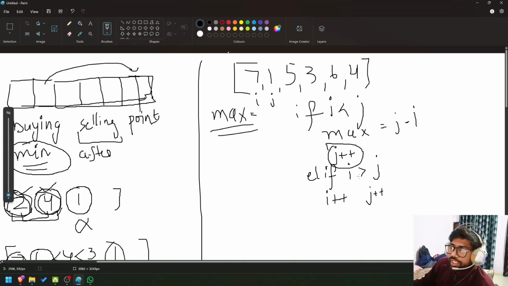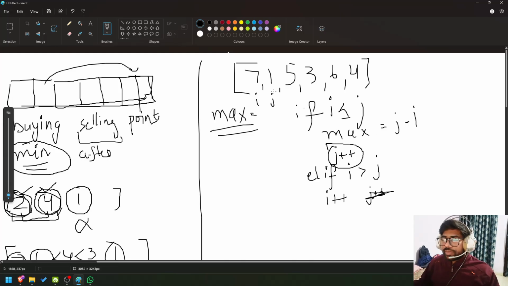Okay, if I is greater than J, then I will move I. Then it will check again that if I is equal to J, then we will move J.